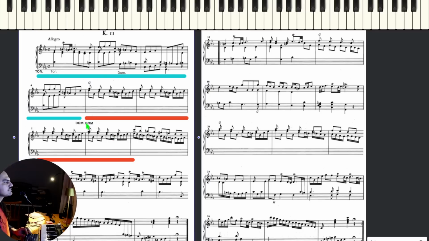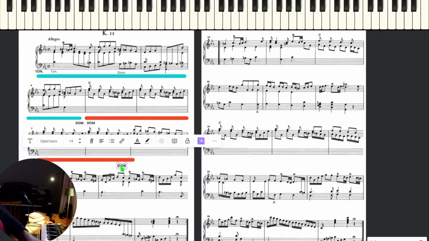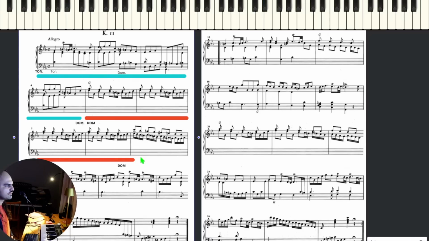So then dominant, so we can consider this from dominant to tonic.